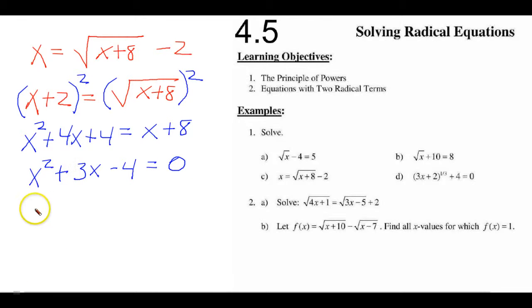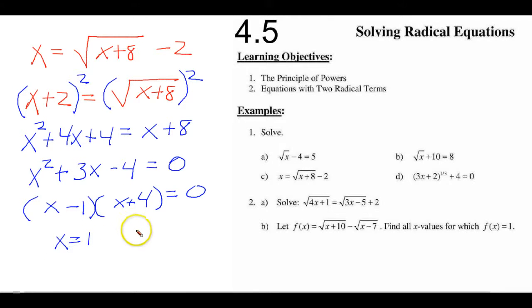Be careful of your signs. Now we factor that. And this needs to be a positive, and this is a negative. So in a sense, we're finding the zeros. So this will be its opposite sign, and this will be its opposite sign.